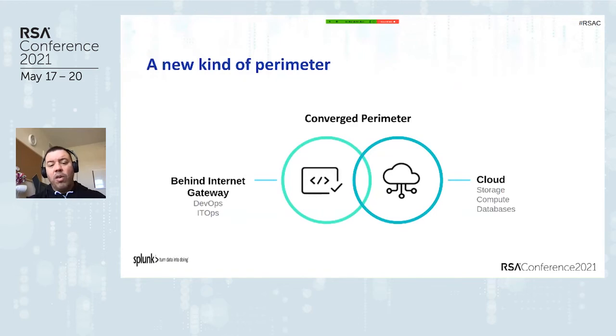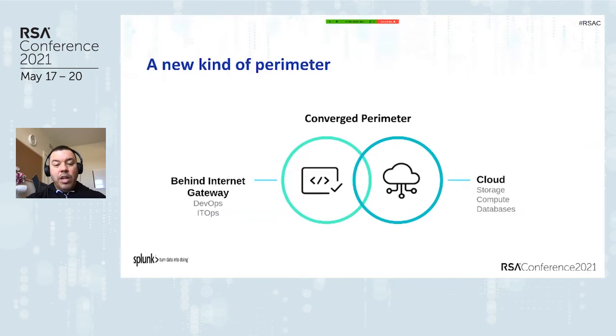That is no longer a reality. We now have what we call a converged perimeter. What is a converged perimeter? It is basically that gradient that comes in between your classic perimeter, whatever is behind your internet gateway, be it a WAN, LAN, or extensions, but it's not the internet.